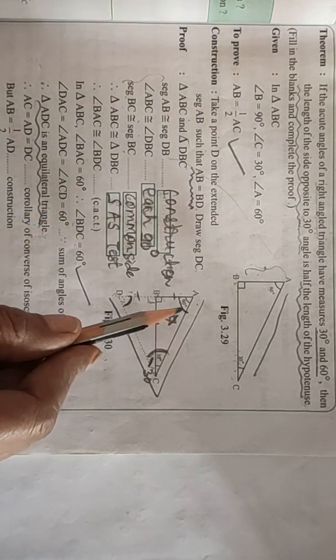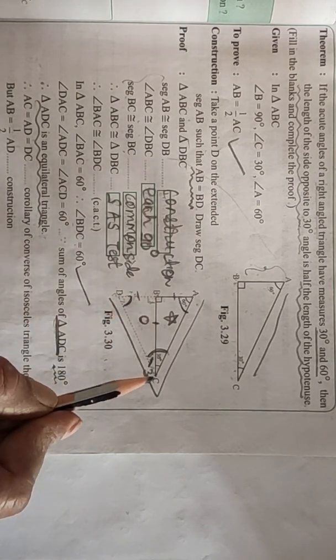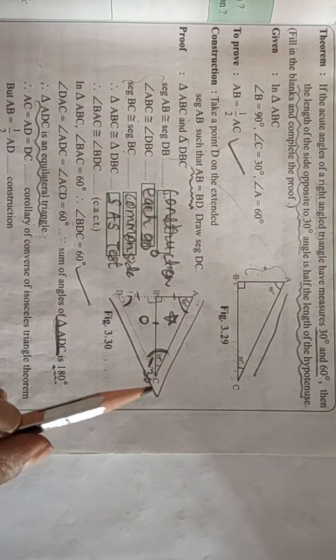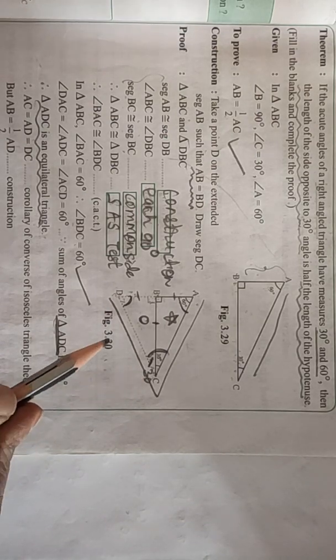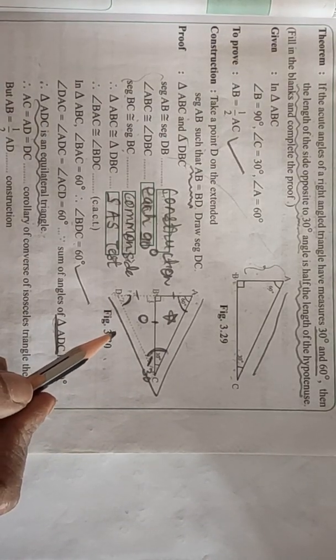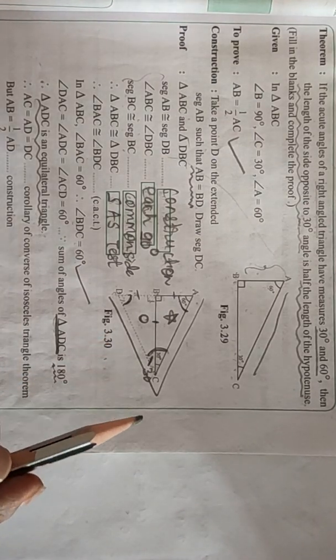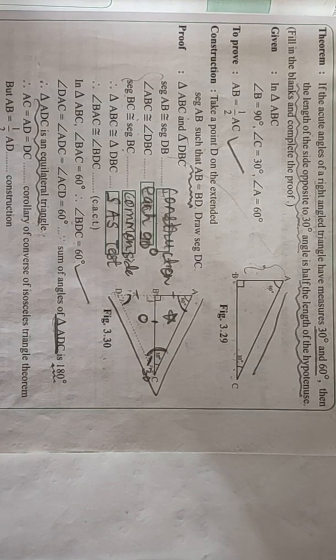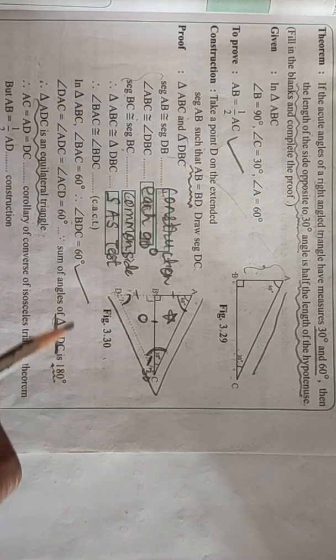Okay. Now as each of the three angles of the triangle is congruent, here is the corollary of the converse of the isosceles triangle theorem, which is there in your textbook on page number 34 at the top: if three angles of a triangle are congruent, then its three sides are also congruent.